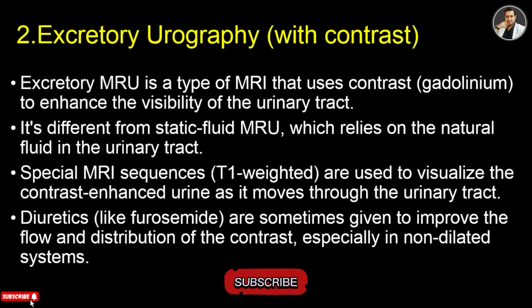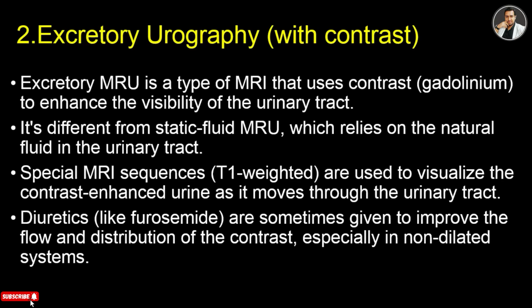And you also have to inject a diuretic like furosemide to increase the renal function, and it improves the flow and distribution of the contrast, especially in a non-dilated system.